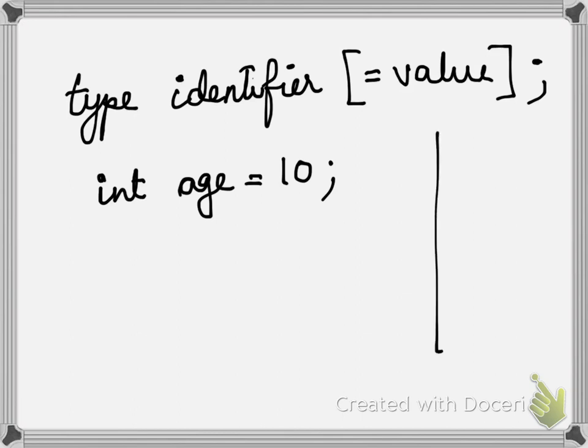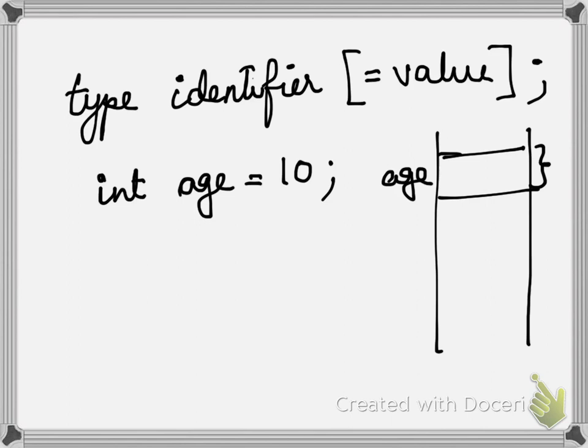What this will cause is that in memory, a memory location for age would be created, and it is of type integer. Depending upon the size of the integer data type, that many bits would be reserved for this particular variable.